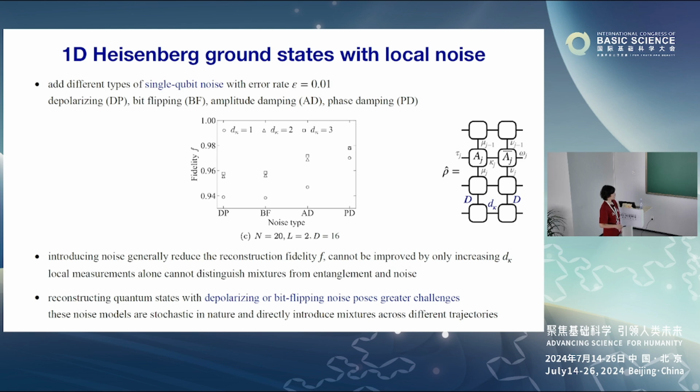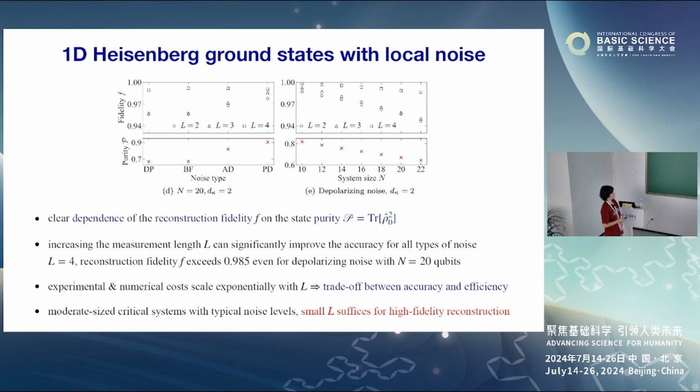When we add some noise, it generally reduces the reconstruction fidelity, and it cannot be improved by only increasing this bond dimension kappa. This is because the local measurements cannot distinguish the mixture from entanglement and noise. Also, the depolarizing or bit flip noise poses larger challenges because these noise models are stochastic in nature and directly induce the mixture across different trajectories.